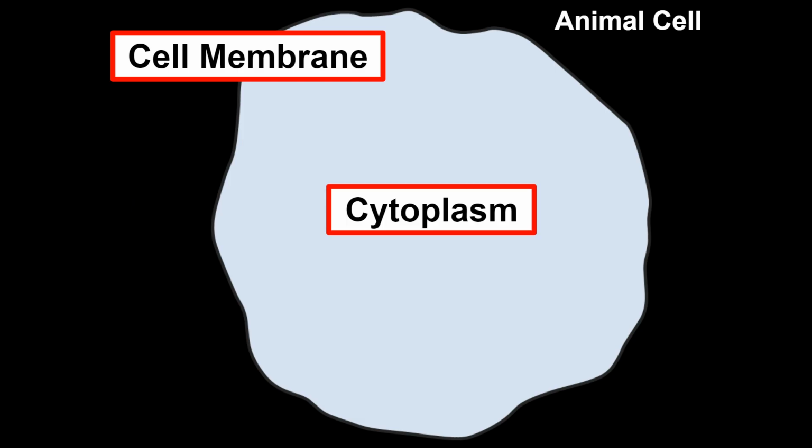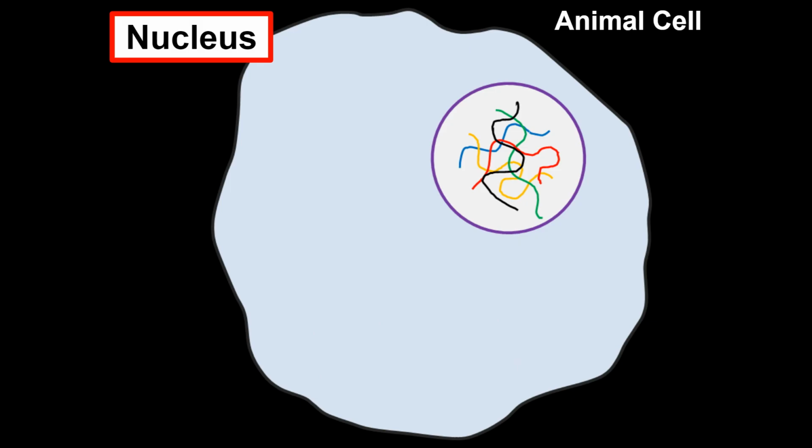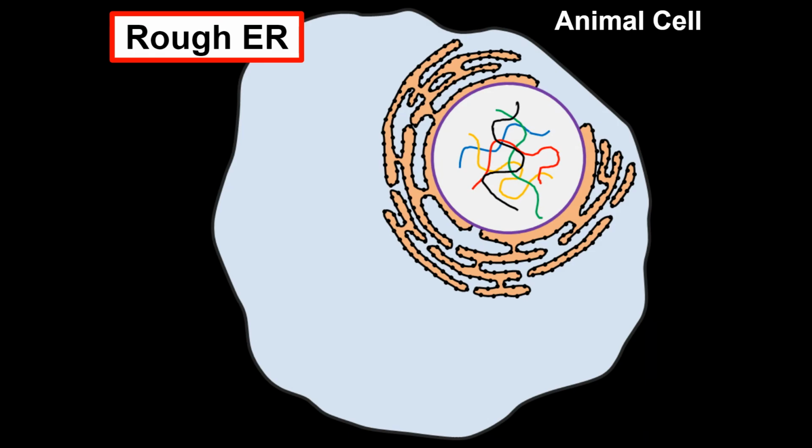Now, let's talk about making an animal cell. If we're making a basic animal cell, we start with the things that everybody's got to have. They got to have a cell membrane. They got to have cytoplasm. They got to have DNA, which in this case is going to be in a nucleus. They have to have ribosomes, which in this case are going to be attached to the rough ER. They have lysosomes to break down materials.